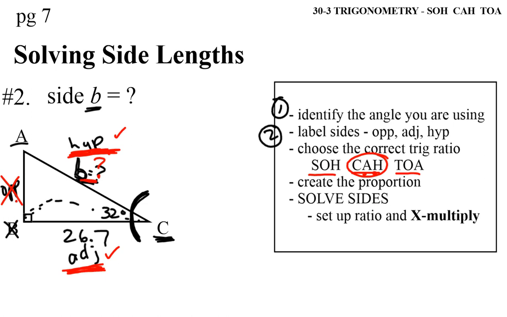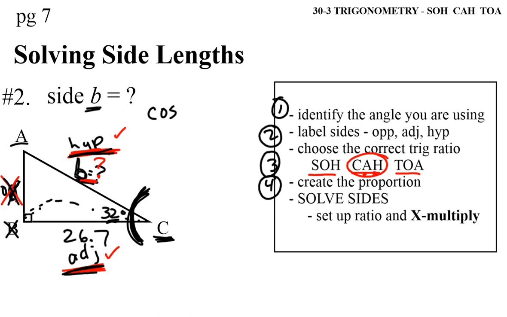So we did the same steps as before with a little twist. Reference angle, because we know it. Label our sides. We want the hypotenuse, so we're going to use it. We have the adjacent, so we're going to use it. Opposite doesn't do anything for us. So we're using the cosine. Now we create our proportion.